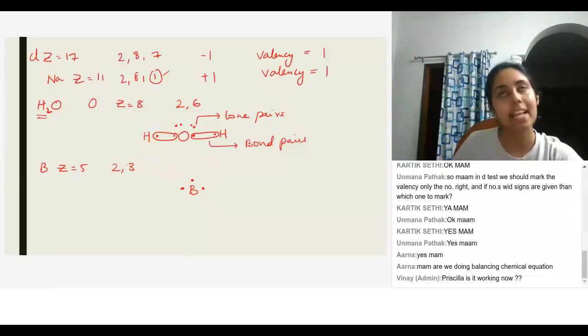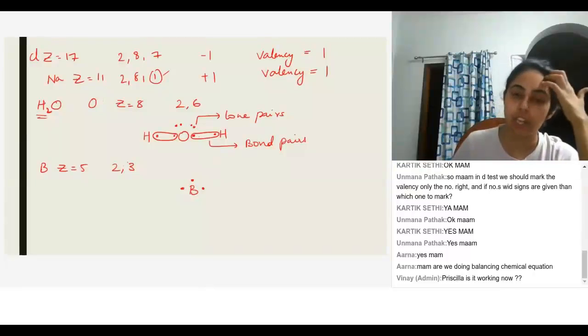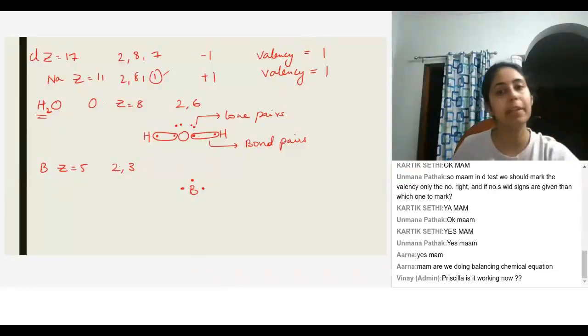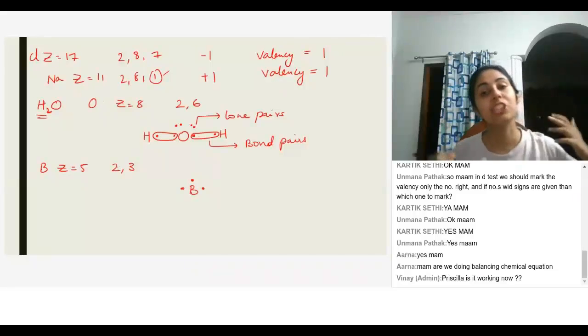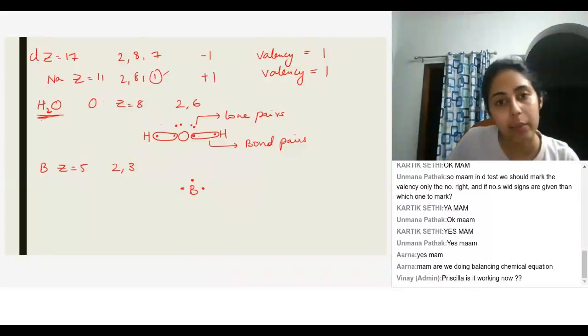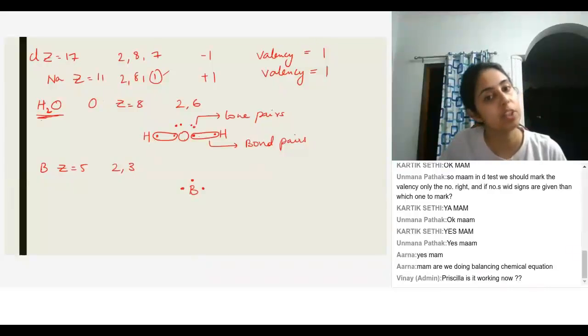No, sharing itself means that you're not losing the electrons. You're just sharing the electrons. But it also doesn't mean that you're adding an electron. That is what sharing means. Look at water. Oxygen is sharing its electron with hydrogen, and hydrogen is sharing its electron with oxygen.